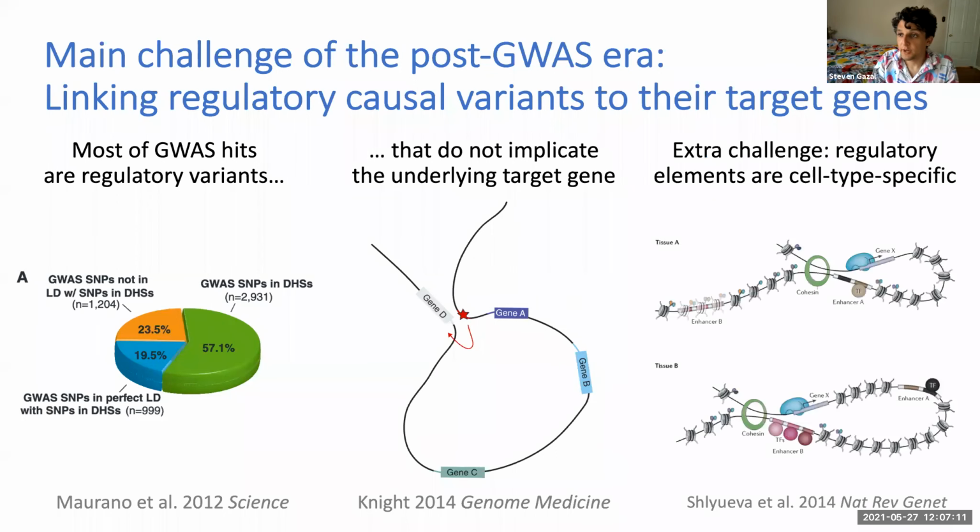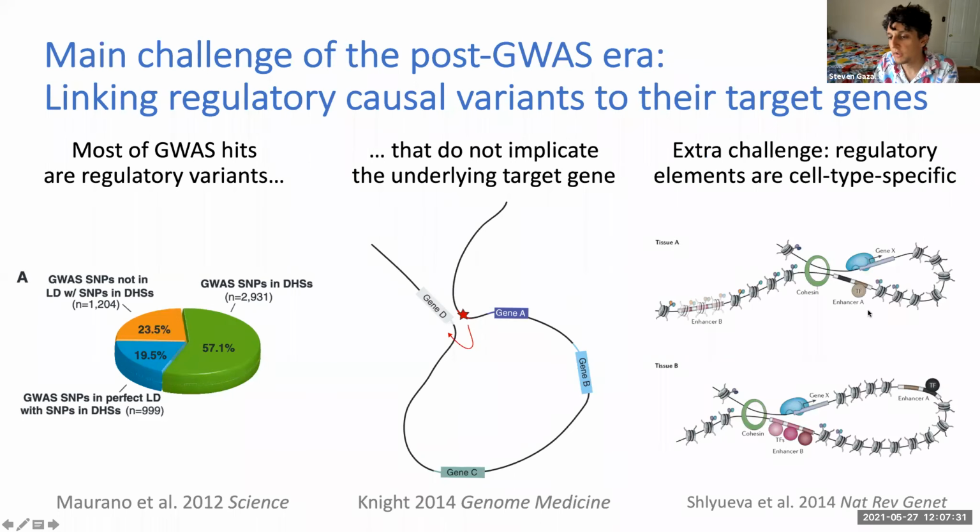One extra challenge in trying to understand this 3D architecture of the genome is that these regulatory elements are cell type specific. For example, you can imagine that you have a gene like gene X here and two different tissues, such as heart and skin.